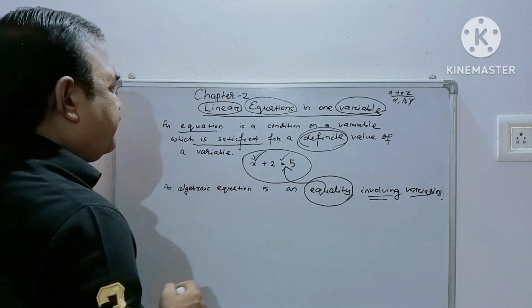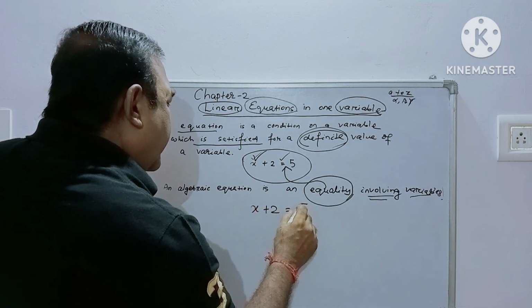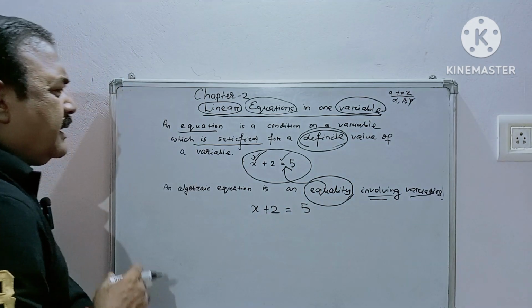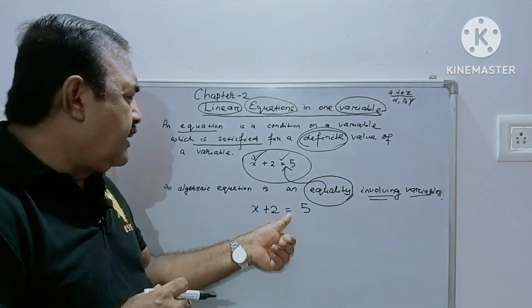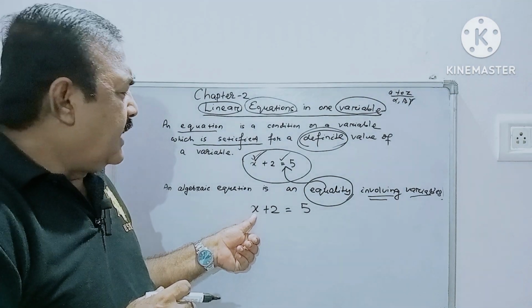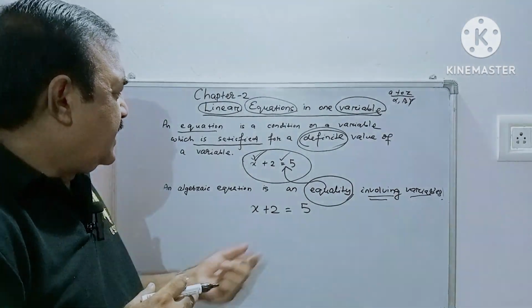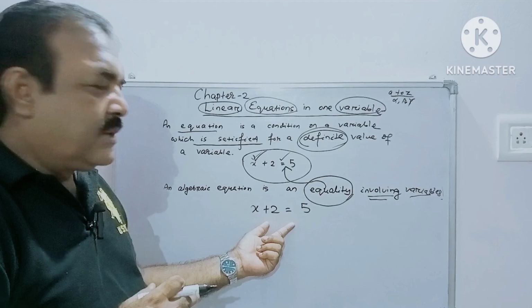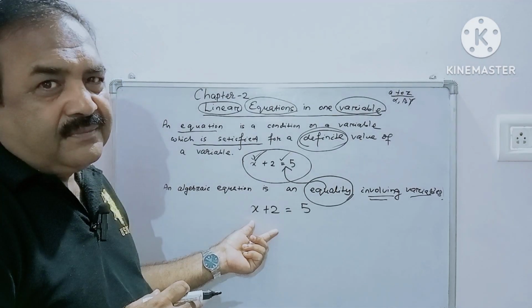So you see, x plus 2 is equal to 5. This is an algebraic equation. How did I know? There is a sign of equality and variable is involved here and there are also constants. Yes or no? So this is an algebraic equation. And we have to solve.